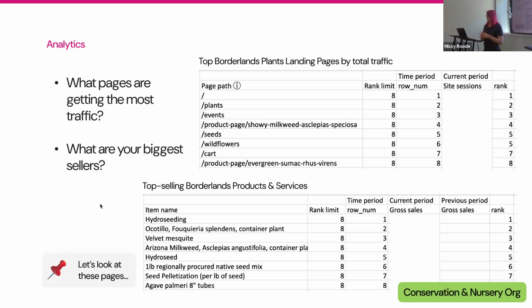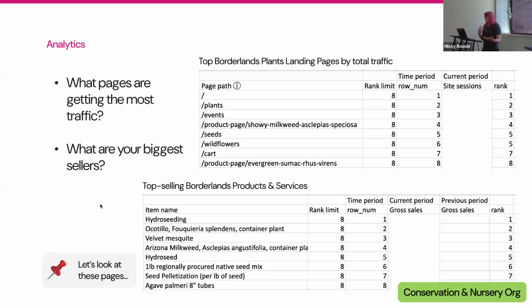So additional information: what pages are getting the most traffic, and is there overlap with the biggest sellers? This is where we start to create that link between traffic and sales, or traffic and revenue. And this is the stuff that always gets your stakeholders excited. That's what they want to talk about, sales and revenue. So if you can make that link, it's really helpful. Here we can see the pages getting the most traffic.